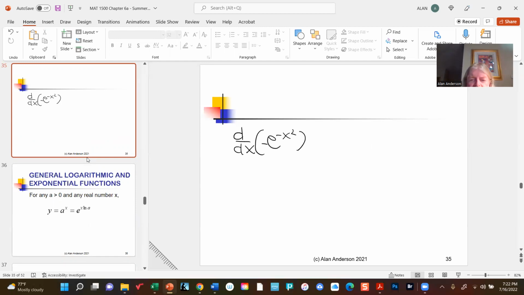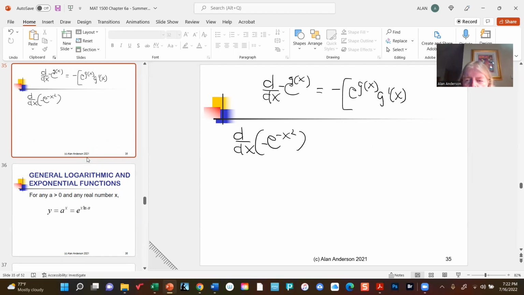And if you notice again, this is e to the g of x, although there is a negative here. So you can factor that out if you want to. Might be easier. Okay, so let's do that. g of x would therefore be minus x squared. g prime of x is minus 2x.